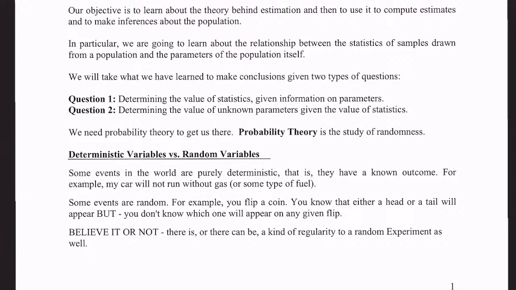When you flip a coin, you know it could come up heads or tails. You don't know which one will come up, but you have an idea that it will have a chance, we say 50% chance that it'll come up heads, and a 50% chance it will come up tails. Where do we get that idea from?